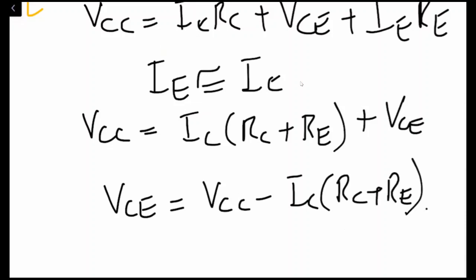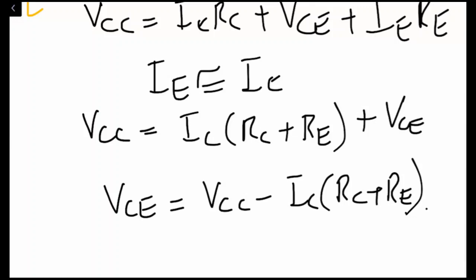The rest is the same as what we did in the previous emitter bias configuration circuit: it provides the two extreme points. One is IC maximum, in the saturation region, when we put VCE equal to 0. So IC saturation is equal to VCC divided by RC plus RE.